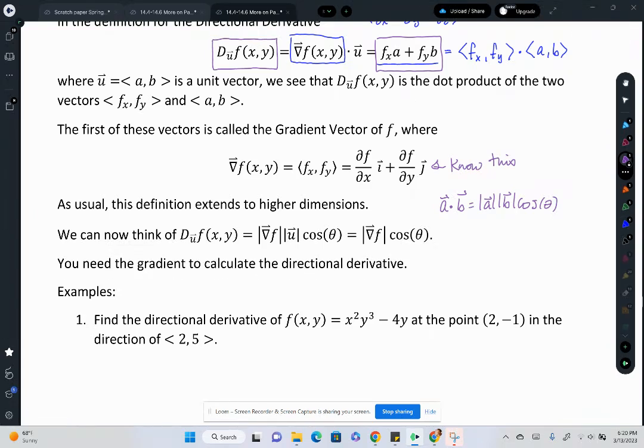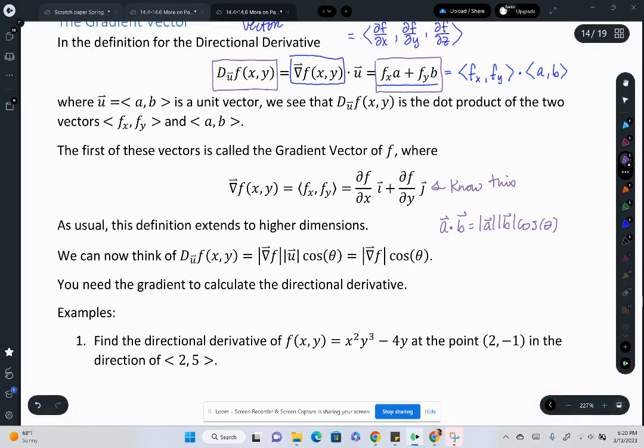If a dot product is equal to that and a directional derivative is a dot product, then technically we should be able to say that the directional derivative of f in the direction of u is equal to the magnitude of the del operator, the gradient vector, times the magnitude of the unit vector. Wait, the magnitude of a unit vector is just 1, so that's going to go away in the next step. Times cosine of the angle in between them.